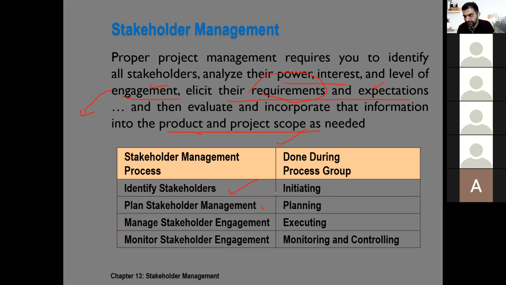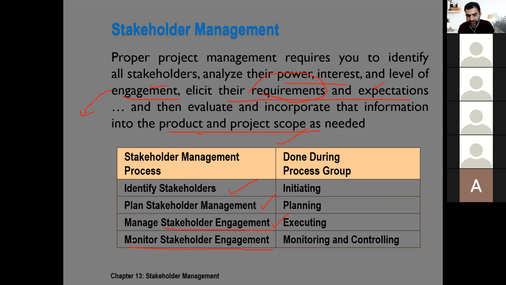Then based on this identification and analysis of the stakeholders, we plan for stakeholder management. We think how to manage our stakeholders. Once the plan is developed, it becomes a part of the project management plan and we follow it during execution so that we can manage our stakeholders' engagement. While execution is going on, we also keep on monitoring stakeholder engagement. We really cannot control stakeholder engagement.